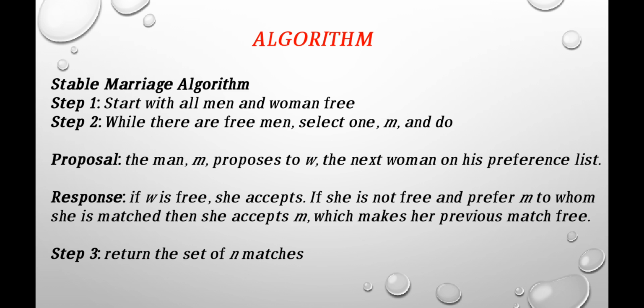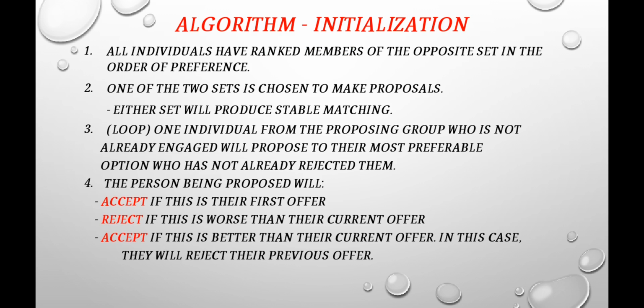So these are the 3 conditions used in the Gale-Shapley algorithm. If stable matching is done, that is, if we get unique pairs, then the algorithm stops. So as I told you, these are the initialization steps.